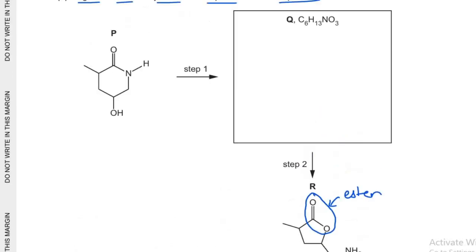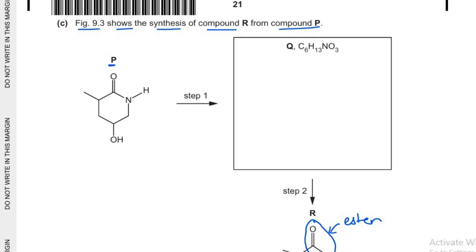Let's see what the starting compound P is. P is given here again with a CONH group, that is called the amide group. So we have an amide group here. That changes to some compound Q, and that Q is changed to R.